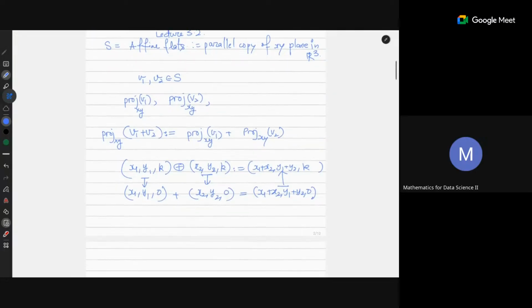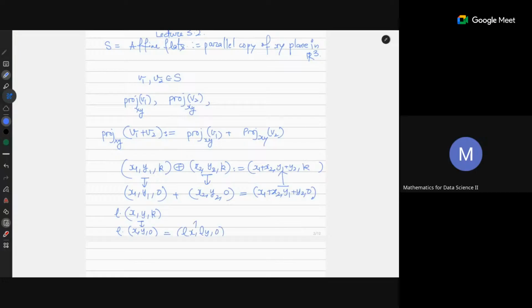Similarly, you can also define a scalar multiplication like this. So if you take a point and you multiply by the scalar, what you are doing is you first project it to the XY plane, which will give you this. You multiply by your scalar, you will get Lx, Ly, 0.